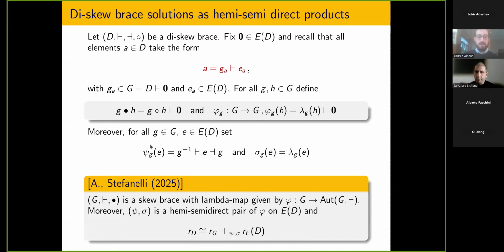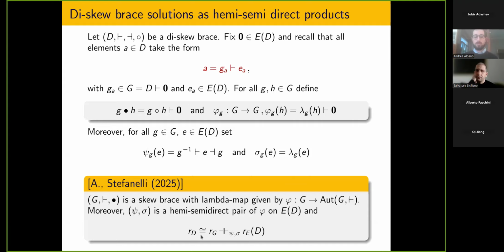Moreover, the pair psi, sigma, where psi is the right conjugation from the groupal component on the idempotent set, and sigma is basically the lambda action from the groupal component on the idempotent set, is a hemi-semidirect pair of the twist phi with coefficients in the set of biunits, in the halo of the additive digroup.